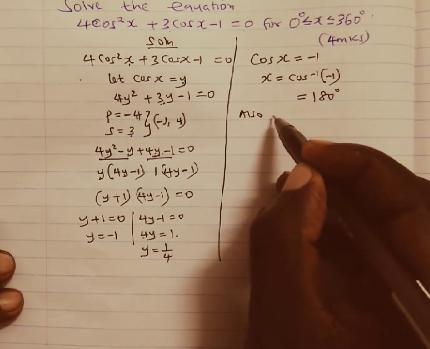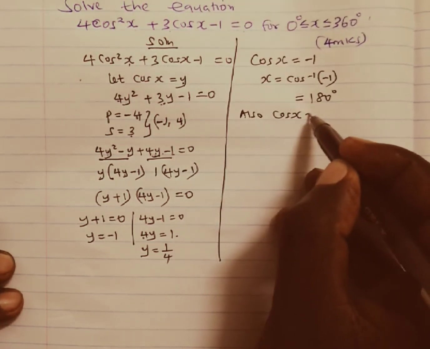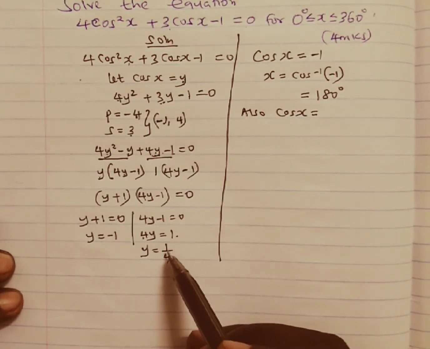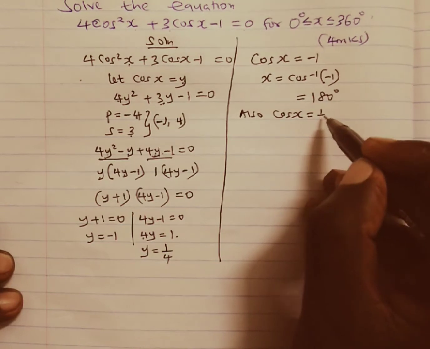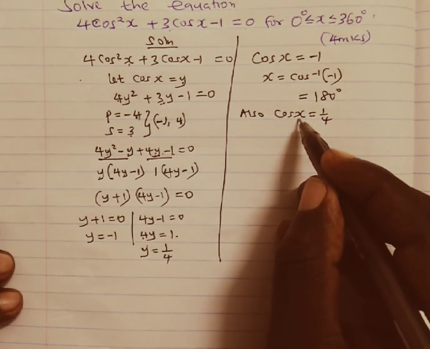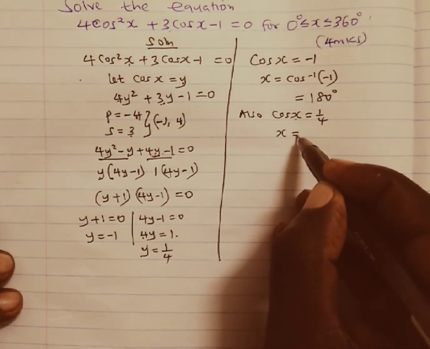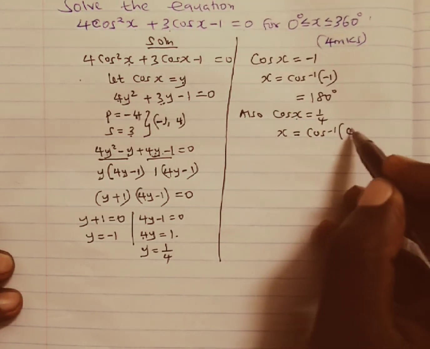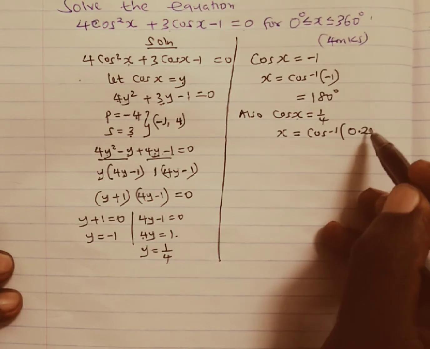Also, we said let cos x be equal to y, and another value of y is a quarter. So to get the value of x, we have the cos inverse of a quarter, which is the same as 0.25.